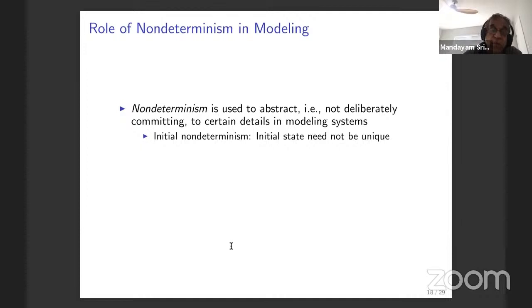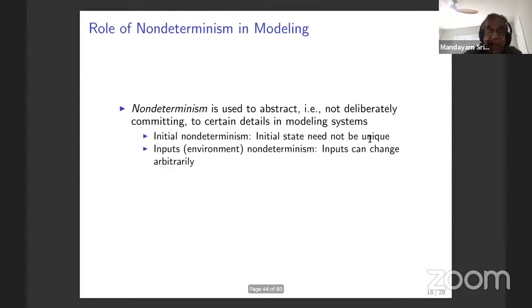There can be two kinds of non-determinism. Initial non-determinism, where the initial state need not be unique, okay? And inputs, where the environment in the inputs can change arbitrarily. So you will see how that can be captured when you include the environment as part of your state component. You need to deal with this aspect of the environment.